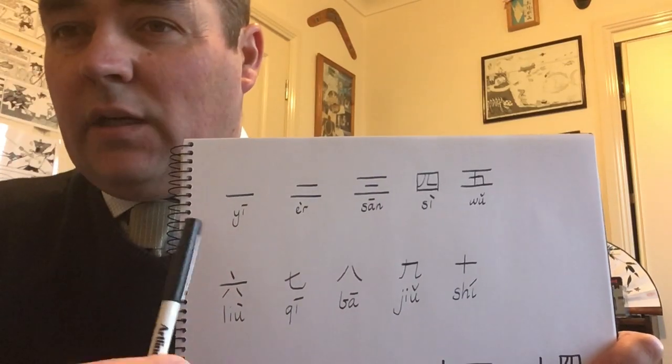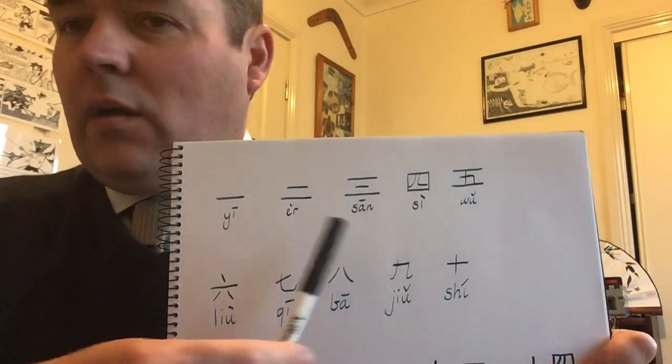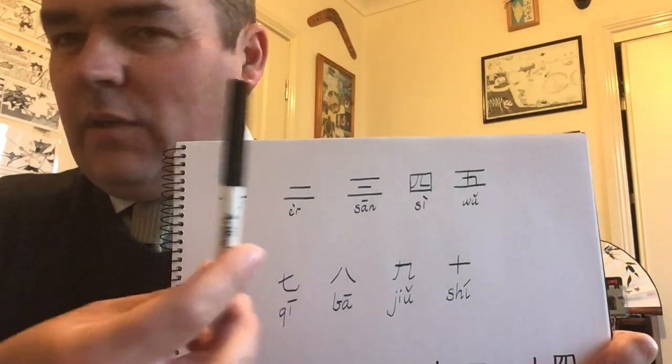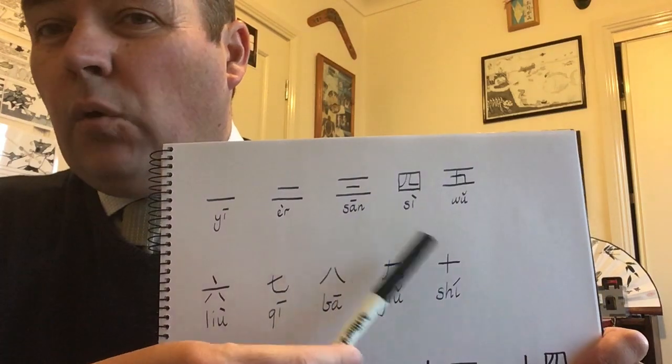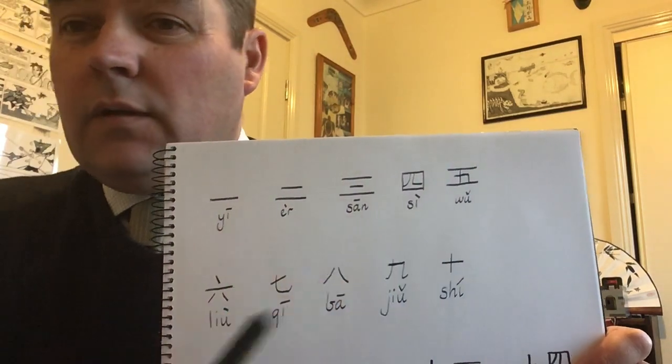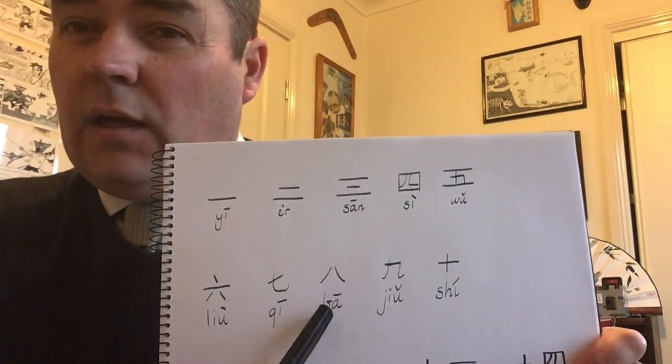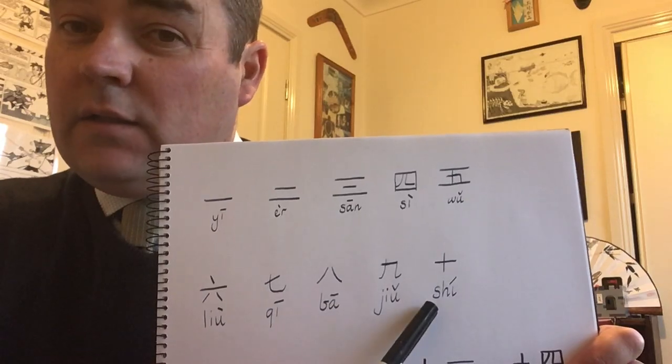And we know these are 1, 2, 3. Oh, that's nice and easy, isn't it? Those strokes, that makes it really easy. 1, 2, 3, 4, 5, 6, 7, 8, 9, 10.